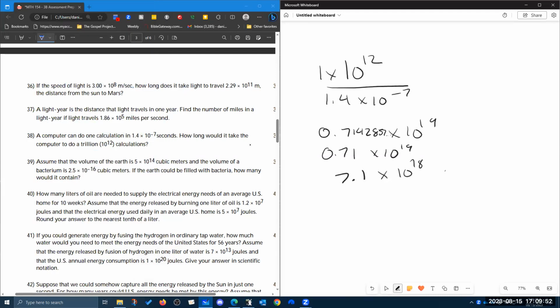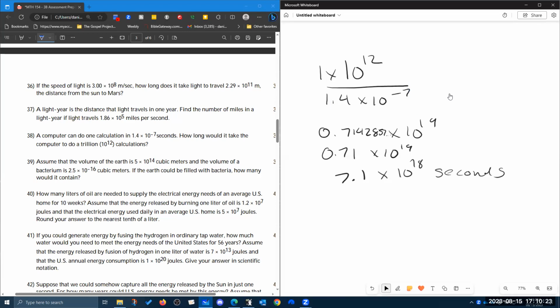Or calculations, excuse me. And it would get the 1 times 10 to the 12th calculations done in this many seconds. Sorry, this is seconds. That's a lot of seconds.